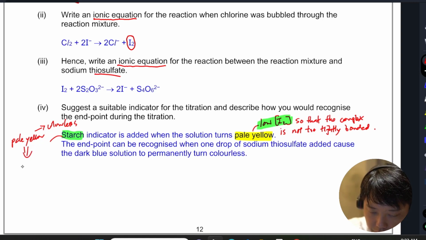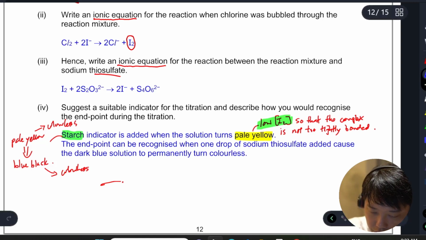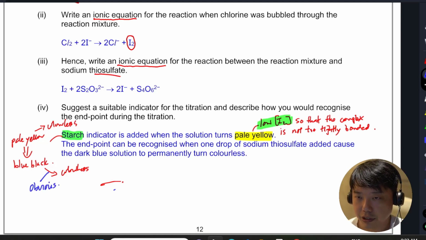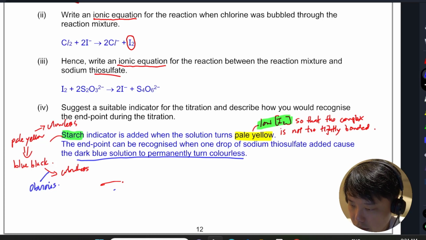But if we convert this to the blue-black complex, then the transition from blue-black to colorless is very obvious. That's the reason why we add the starch indicator near the end, because this color change is a lot more abrupt, very obvious.